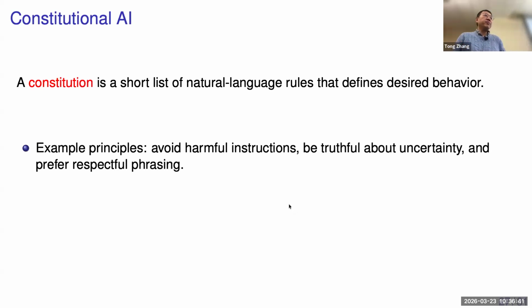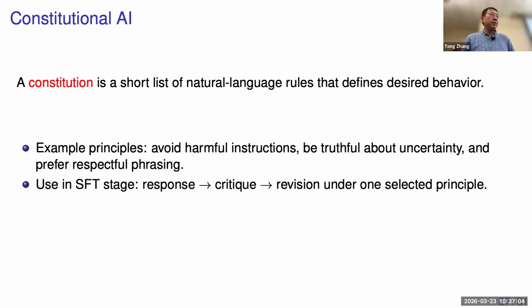For example, avoid harmful instructions, be truthful about uncertainty, and whatever. You give some prompts to the LLM, and the LLM says whether this one is good or not. It could even give a reasoning trace to explain whether it's good or not. But nowadays, this idea still exists, though in that paper this is how it was.